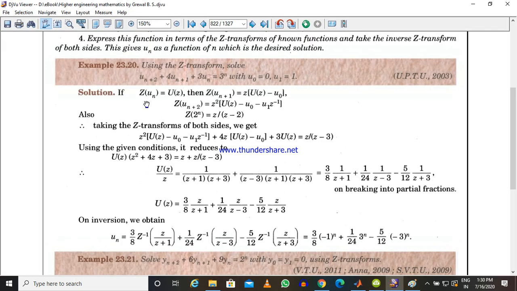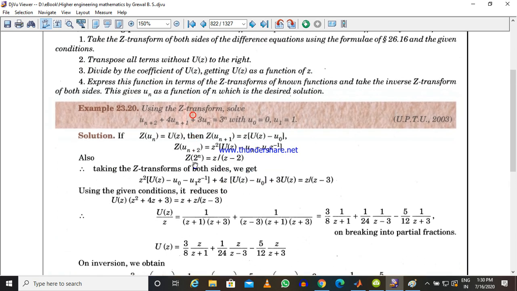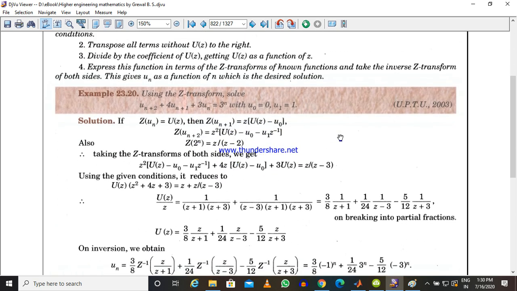Now I am coming to the z transform. I think all of you know about the z transform.